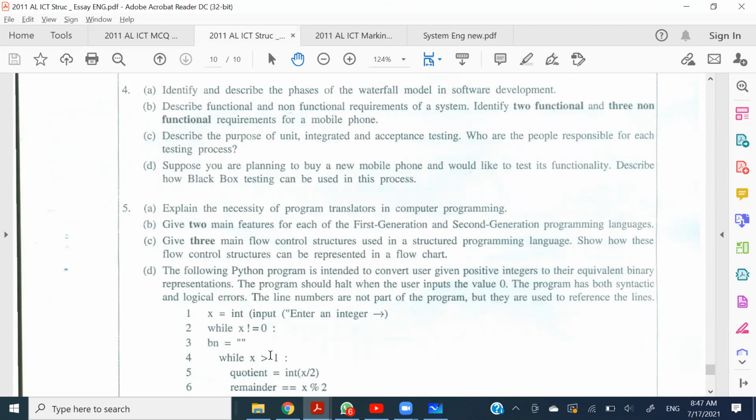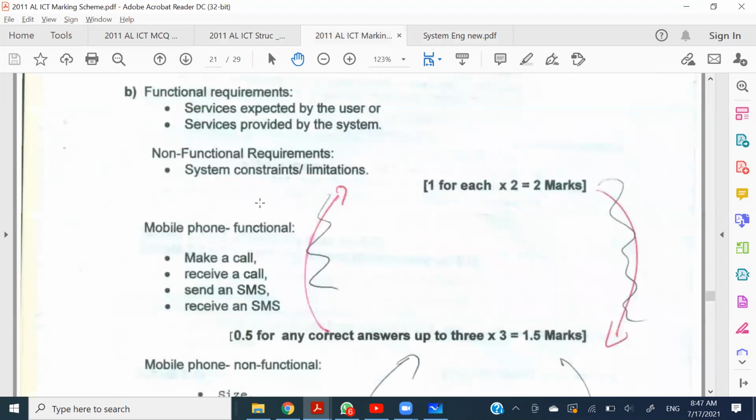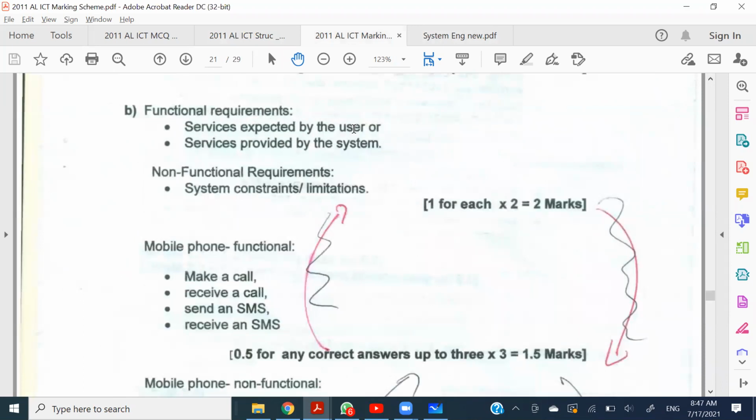So functional requirements, as we talked, and the marking scheme also says, are services expected by the user. Any service: sending a message, receiving a message, having a call, taking a call, receiving a call. Even taking a photograph can be put here. Those kinds of things are the functional requirements.